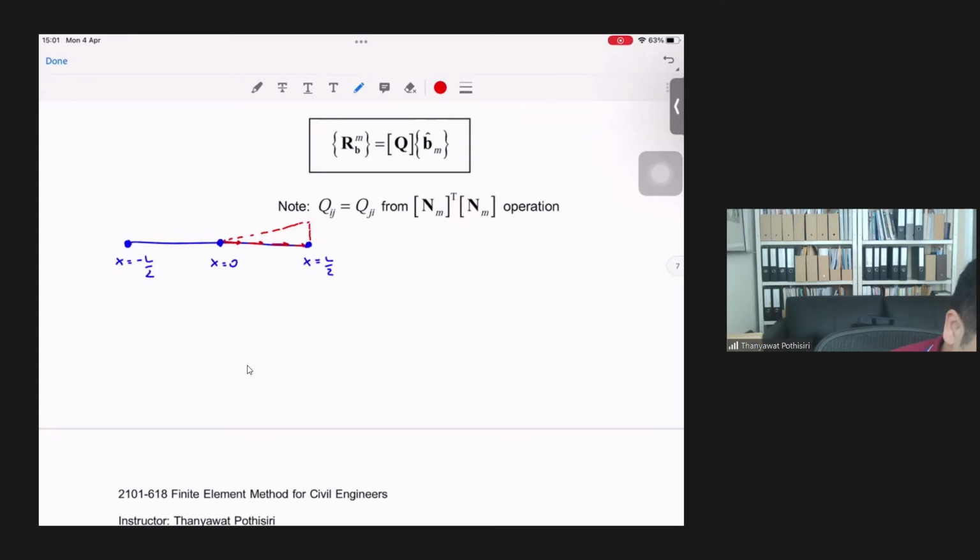Let's call this B0 then, and the body force here is zero.